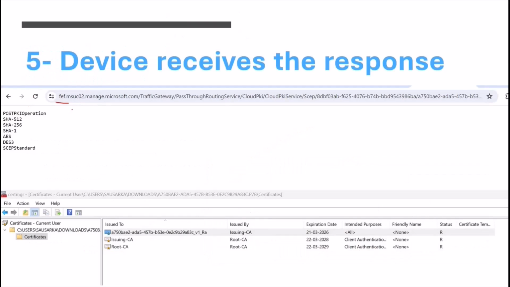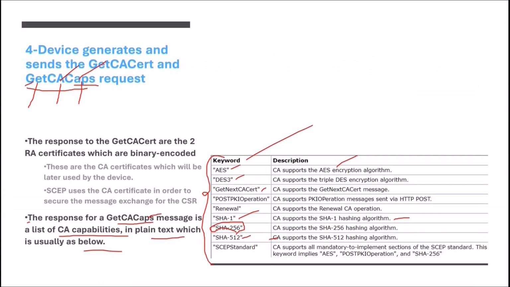Over here you can see I have gone to that same URL, and this is the response that I got. This CA in the Cloud PKI supports AES, SHA-1, SHA-256, SHA-512, and hence my device now knows that the CA is capable of issuing certificates with these parameters. Okay, that was the get CA caps.